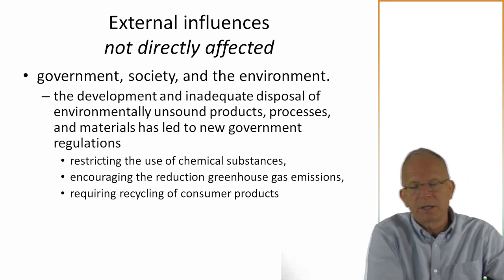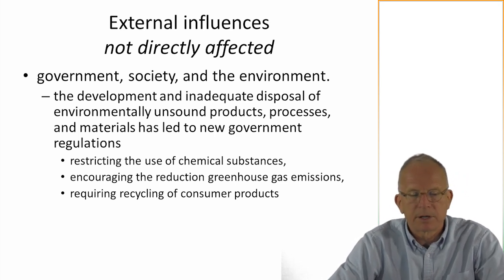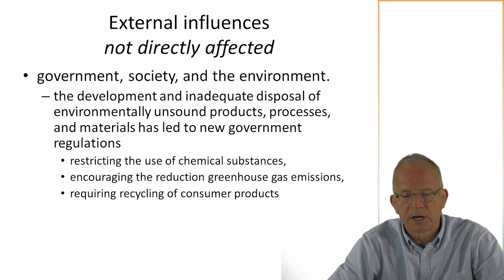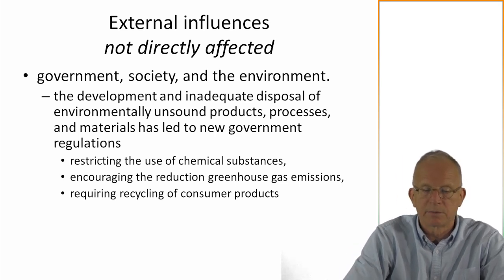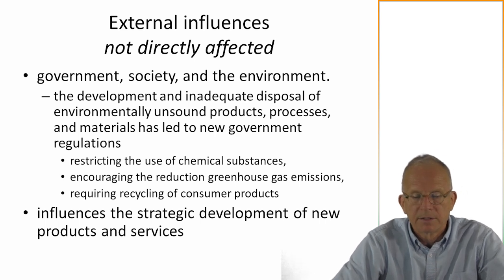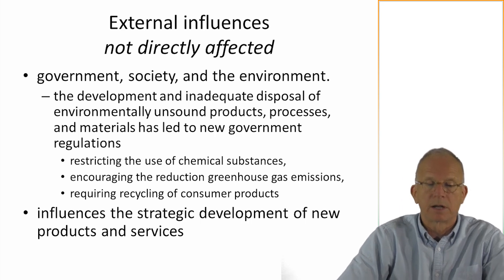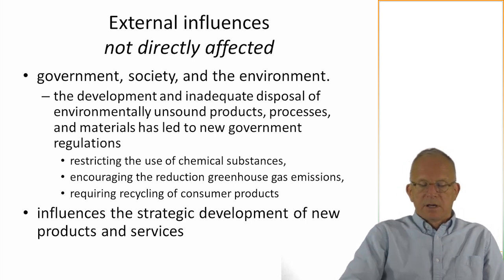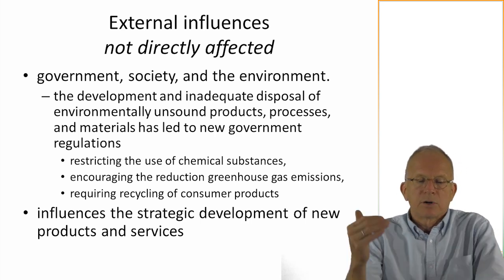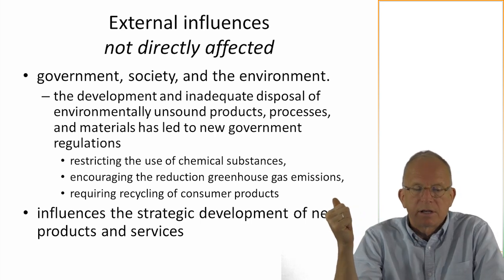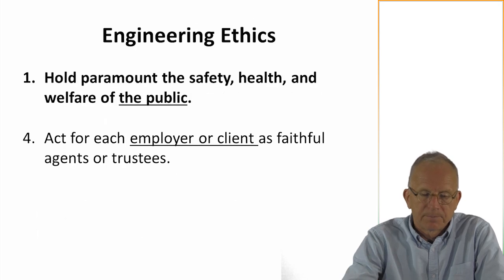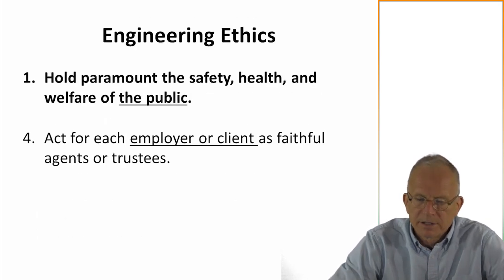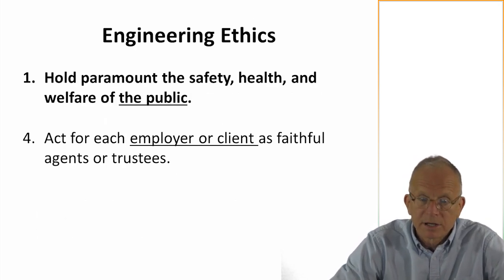And so restricting the use of certain chemical substances, and encouraging the reduction of greenhouse gas emissions, and requiring the recycling of consumer products. So this influences the strategic development of new products and services. So these are important societal things. We need things that are environmentally sound. And so we might say that these are just ethical.